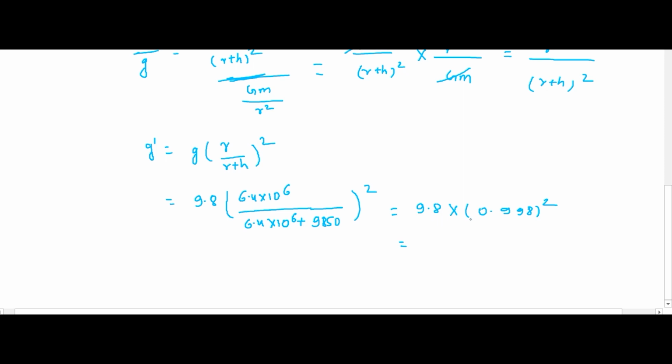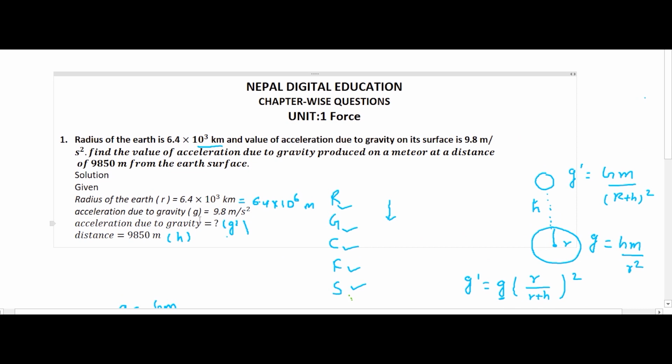Then just first of all solve this 0.998 whole square, then multiply with 9.8, then it becomes 9.76 meter per second square. So this is the required value, that is g dash equal to 9.76. This is the required value of acceleration due to gravity produced on a meteor.